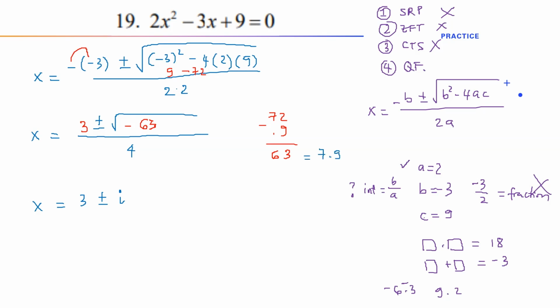So take the square root of 9, square root of 7 over 4. Rewrite one more time, x equals 3 plus or minus 3i square root of 7 over 4.